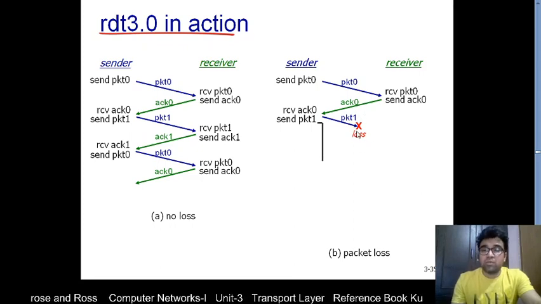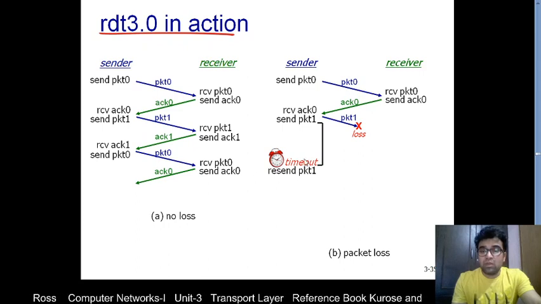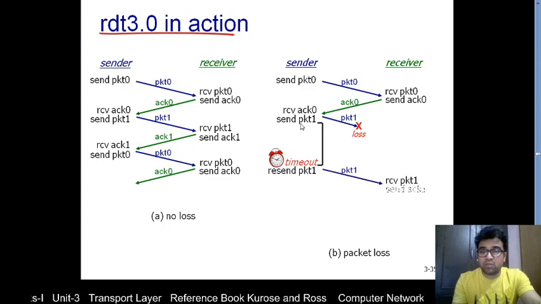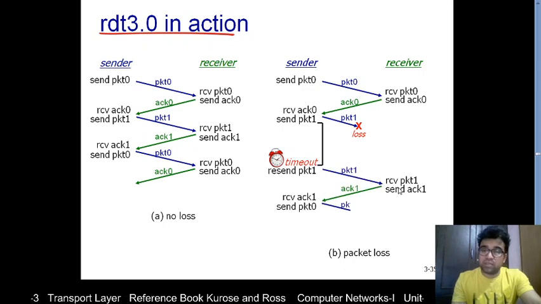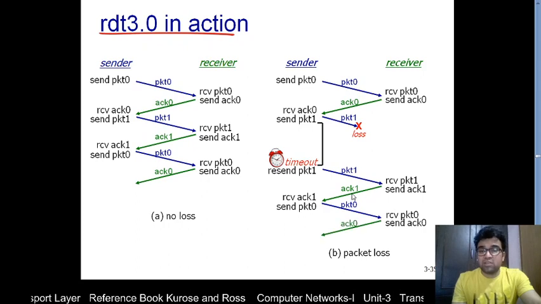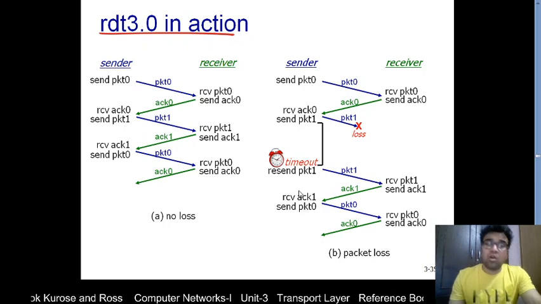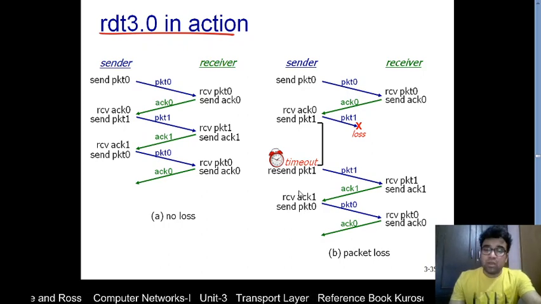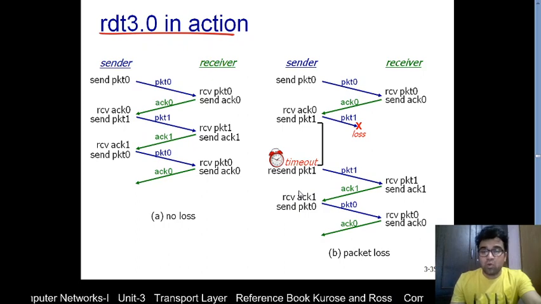So what happens? The timer times out, and after the timeout it will retransmit the packet of this sequence number. It is received by the receiver, and it sends back the acknowledgement of this packet to the sender. It is received over here. So that is how these two cases work in action in RDT 3.0.